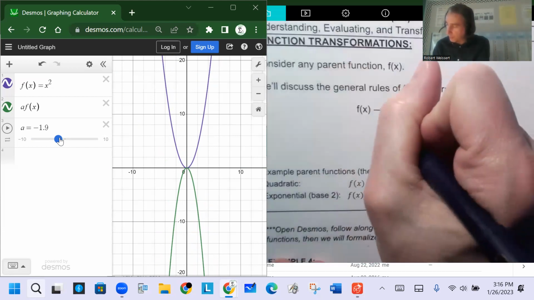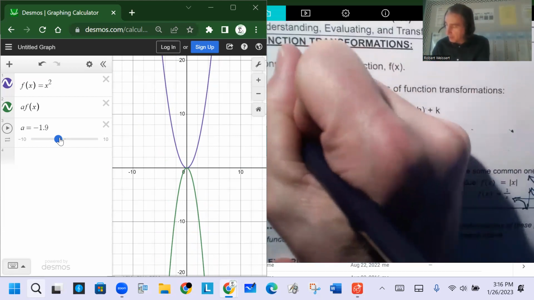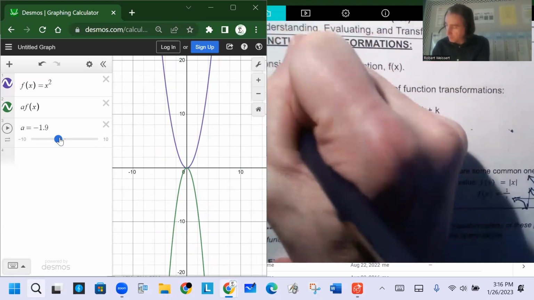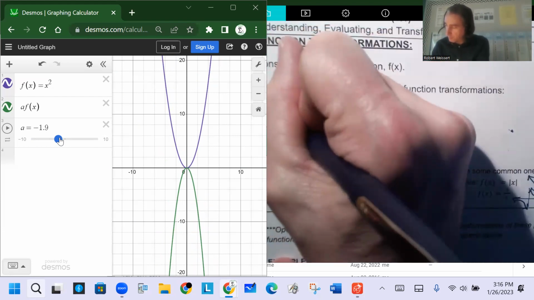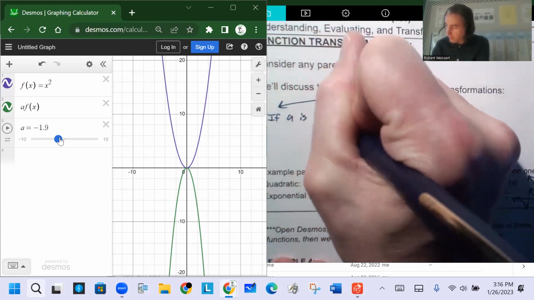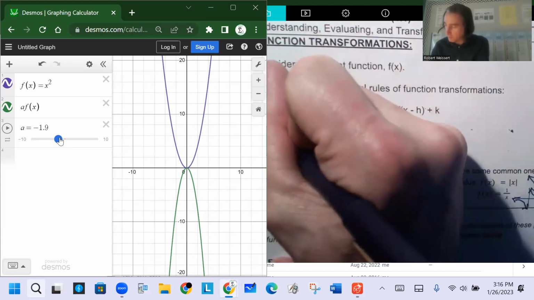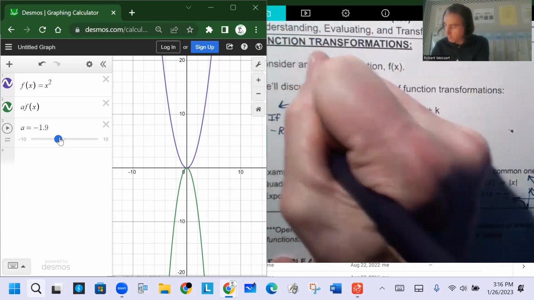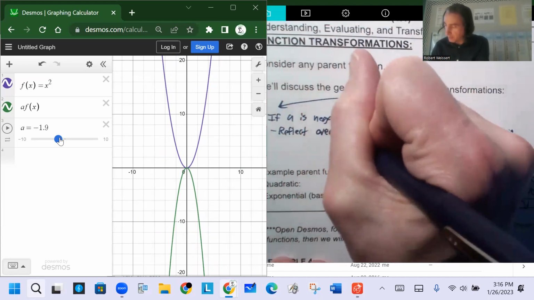So let's talk about a couple things. If a is negative, it's going to reflect over the x-axis.